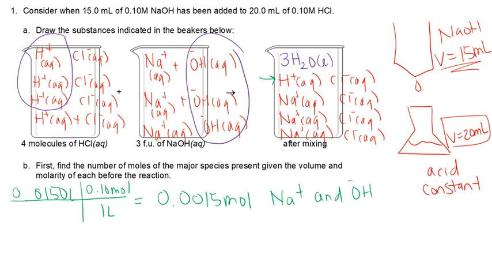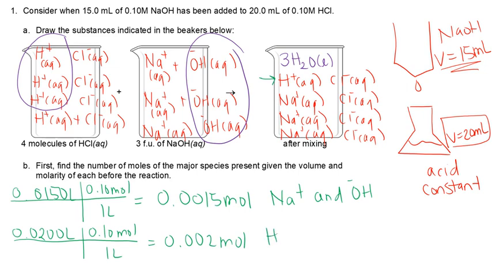And then if we calculate the HCl, we have 0.0200 liters, and we have a concentration of 0.1 moles per liter. And so we have 0.002 moles of H+ and Cl-. So we can see that that is the same amount of moles that we had in the previous equation.